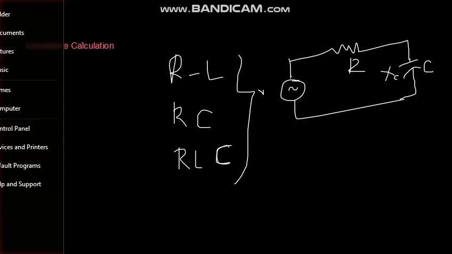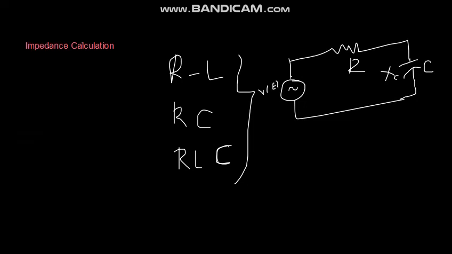So the input voltage Vt, as usual. We can find out the impedance of the RC circuit. It is R minus jXC.